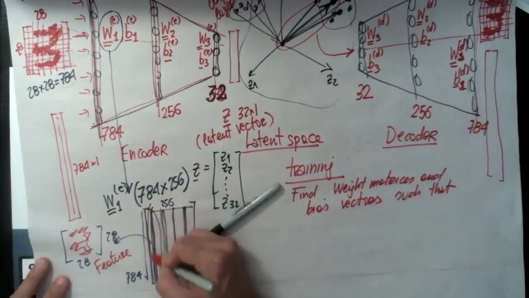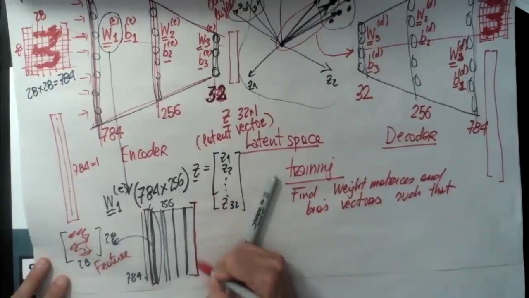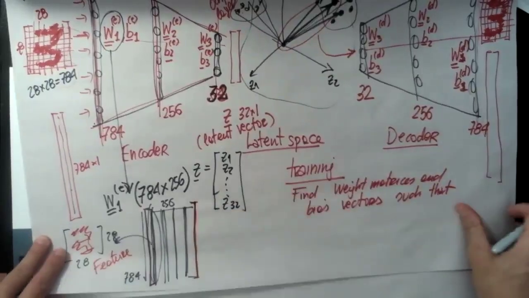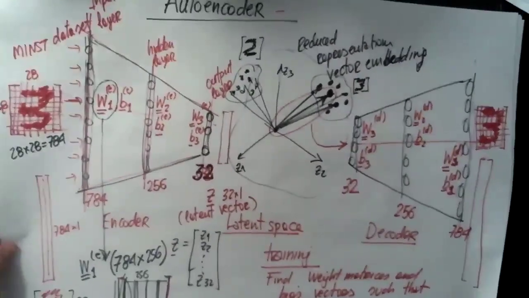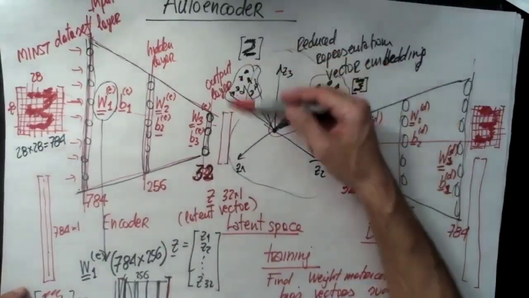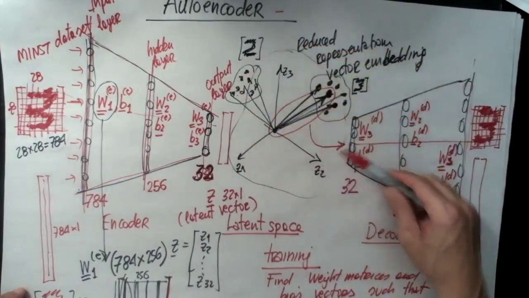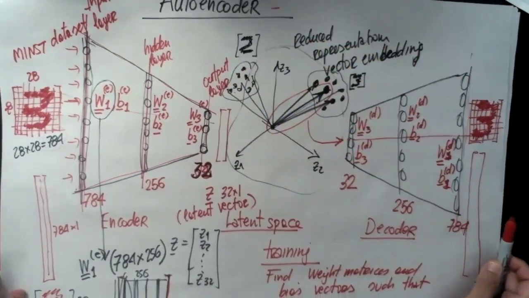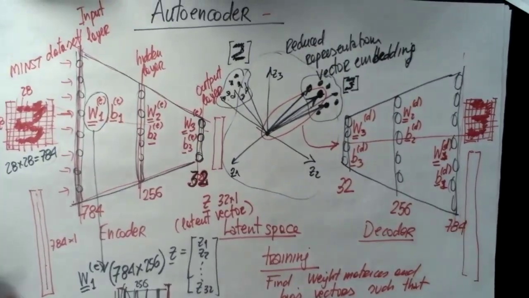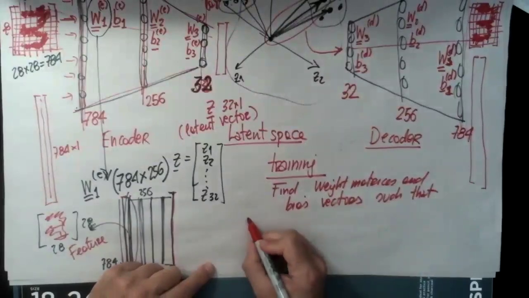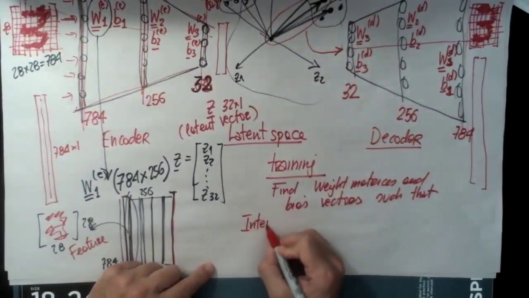So there is something also to consider. Why is the autoencoder useful? Because once we have a latent representation of our images, we can do interpolation.